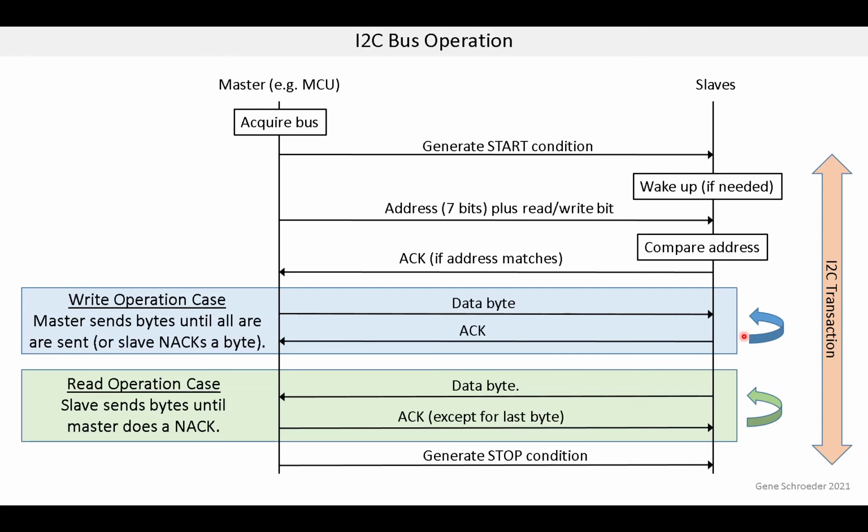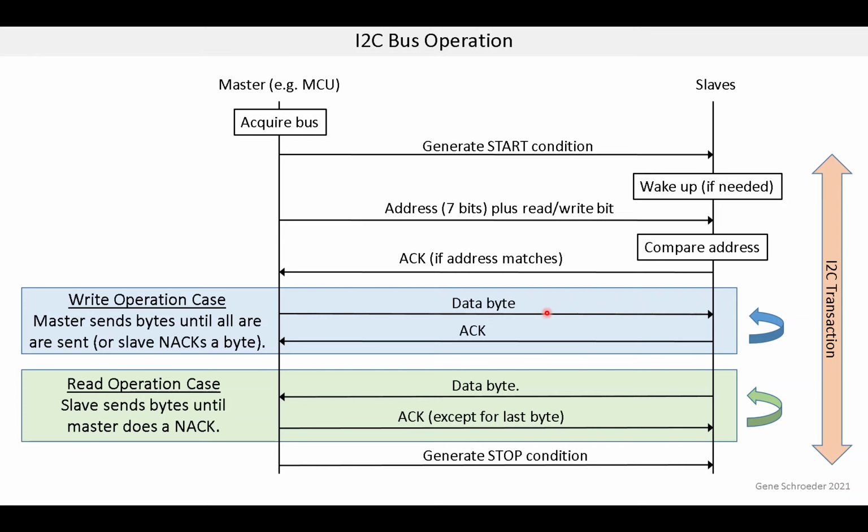Now, the way the data transfer ends is different between reads and writes. For a write, normally the master simply stops sending when it has sent all the bytes it wants to. It is not common, but possible, though, for the slave to terminate the transfer before that by not ACKing a byte.